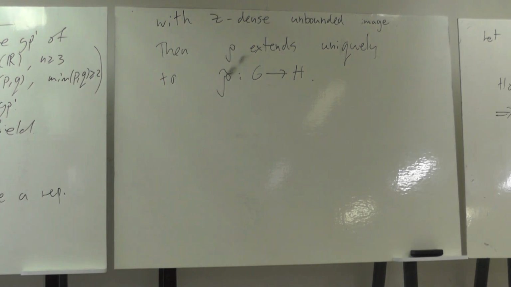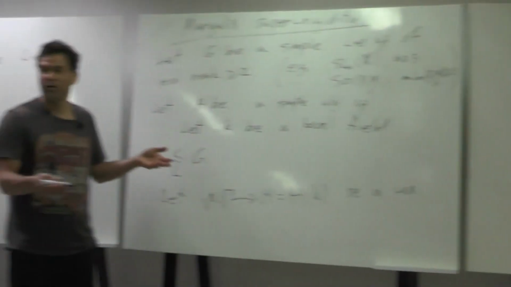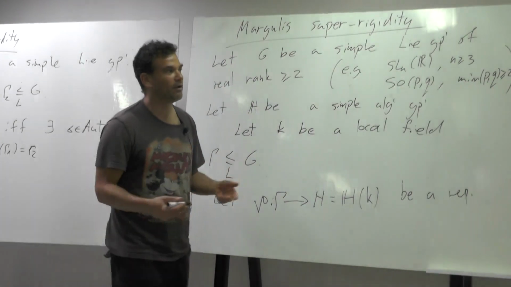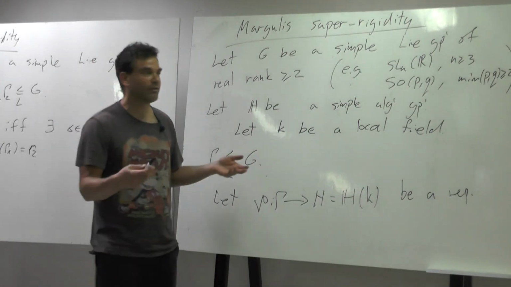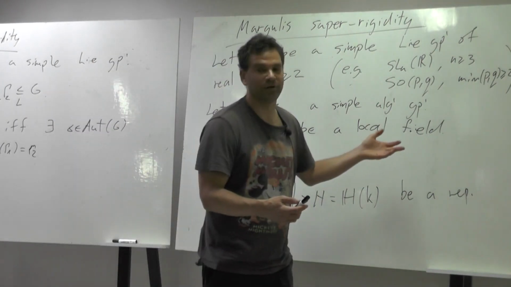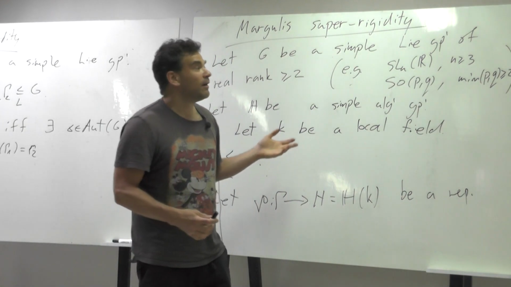So this theorem has many applications. For instance, as Nir said, once we know that every homomorphism of SL3Z extends to SL3R, then we have the theory of representations of SL3R. It's a Lie group, highest weight theory. We know all the representations of this group.